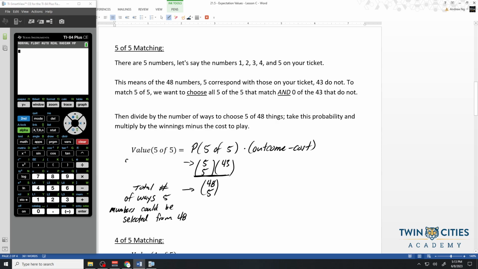Okay, so this would be of 5 numbers on my ticket, 5 are called. And then over here, the 43 remaining numbers, well, if I have 5 of them on my ticket and I want 5 of them called here, then this would be 0 of these are going to get called.